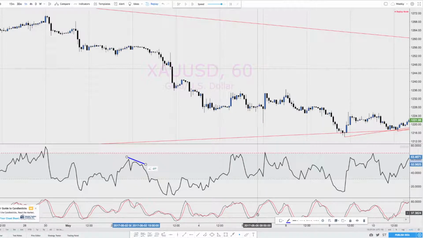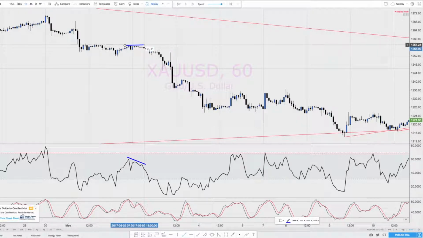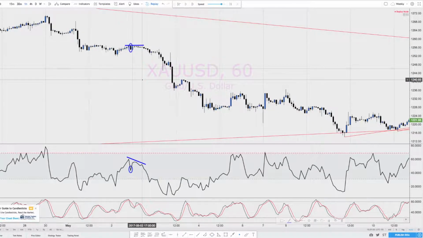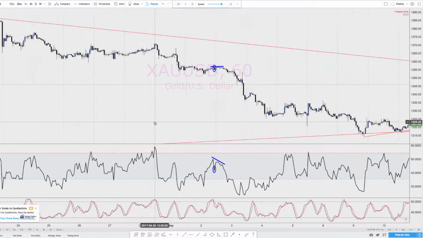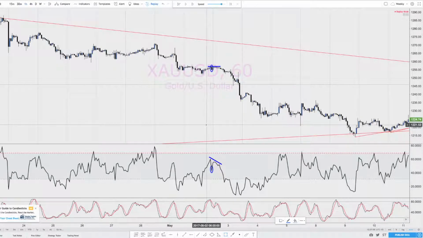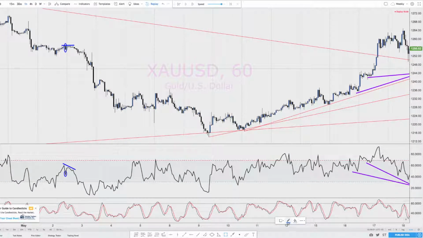Here and here. Okay, and mark out a zone. We find the candle relative to that point, and bring that zone across.